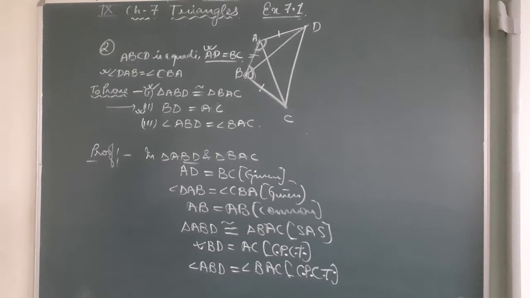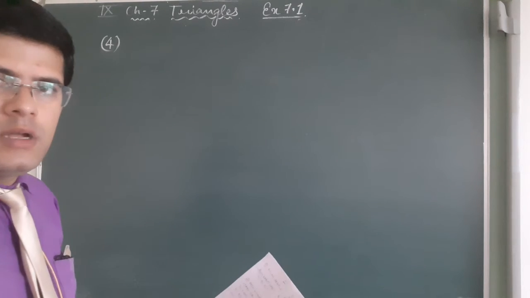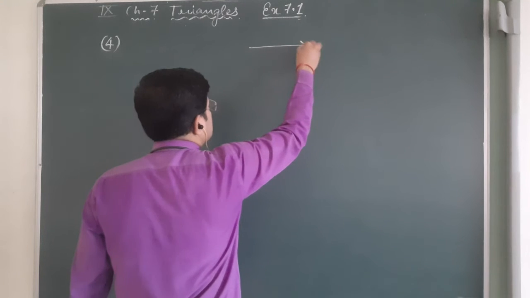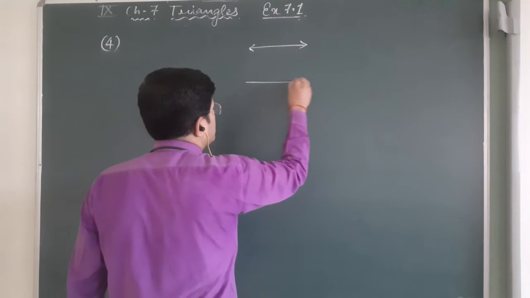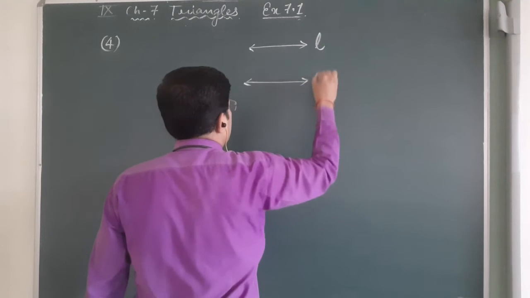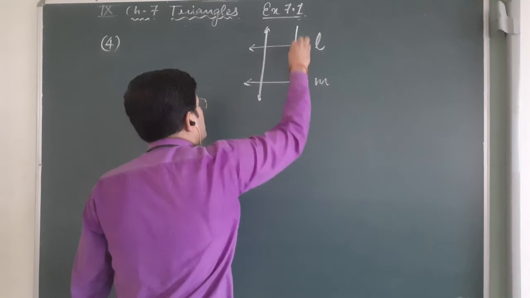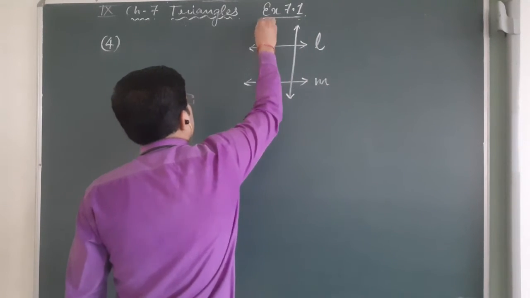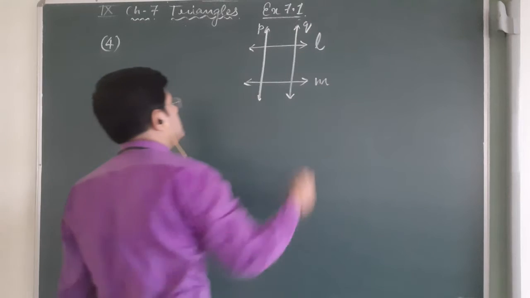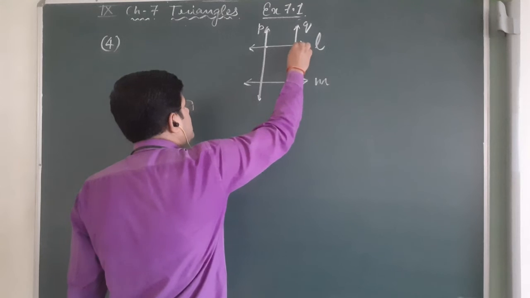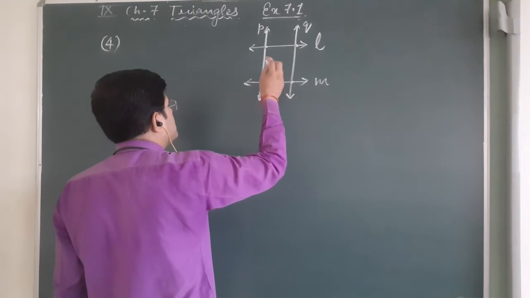Now question number 3 you can do on your own. Okay students, firstly note down question number 2. Now move to question number 4. What is given? Very limited information is given. This line is parallel to that line, reference L and reference M, and here two pairs of lines are also given, P and Q. Four points are formed by these two sets of parallel transversals.